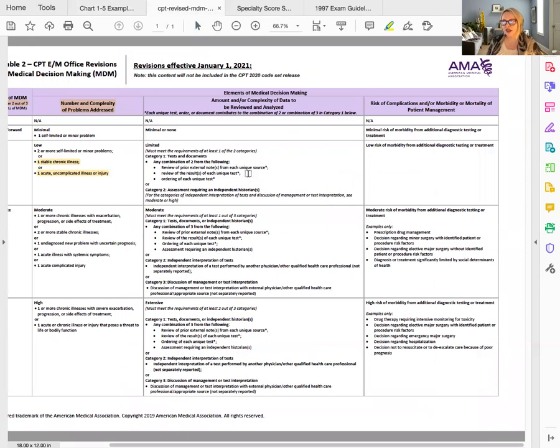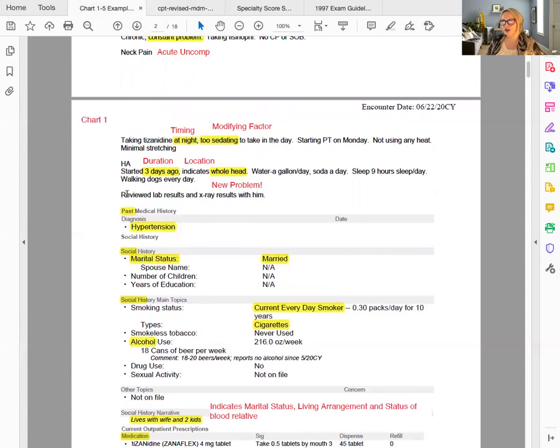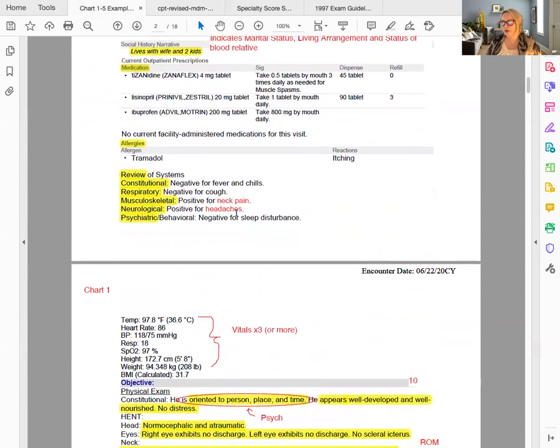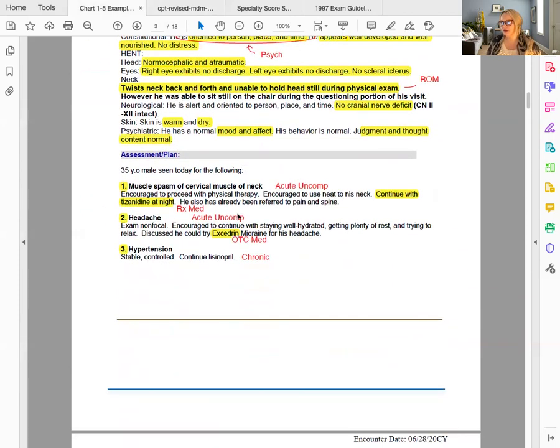Reviewing of each unique test and or ordering of each unique test. Now, they had this note reviewed lab results, but they didn't tell us what it was or the x-rays. So I can't count that. I can look down here in the plan and see if they ordered any new labs or x-rays or any types of tests.